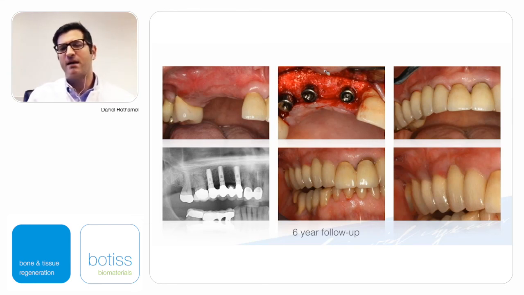And at a 6-year follow-up, we see quite nice and stable condition, a little bit of volume loss in the area where no implant was placed, a little bit more recession at the natural tooth, but very nice and stable conditions at the implanted areas.